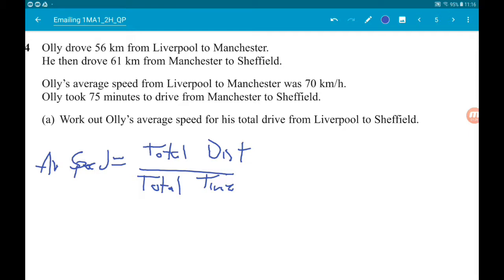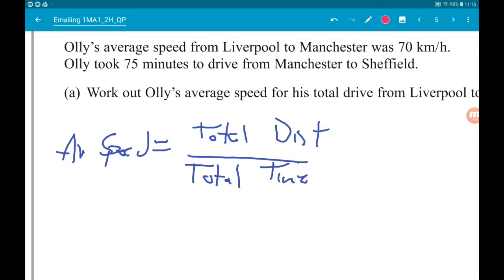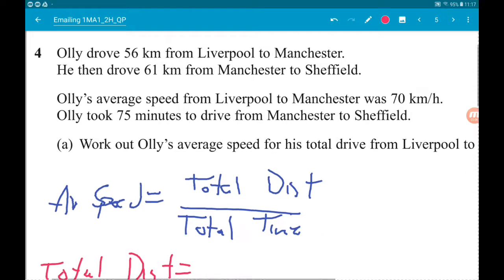Okay, so the total distance we can work out no problem. Well, that's the 56 and the 61, so that gives us 117 kilometers.